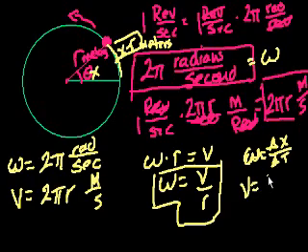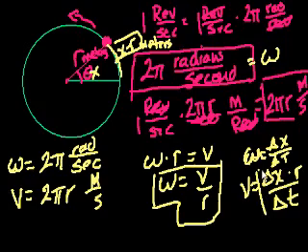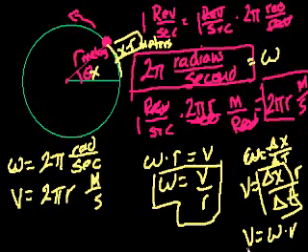Velocity is change in x times r, the radius doesn't change, divided by change in time. And we know, once again, that this is omega. So we just showed again that omega times the radius is equal to the velocity, or the angular velocity times the radius is equal to the velocity.